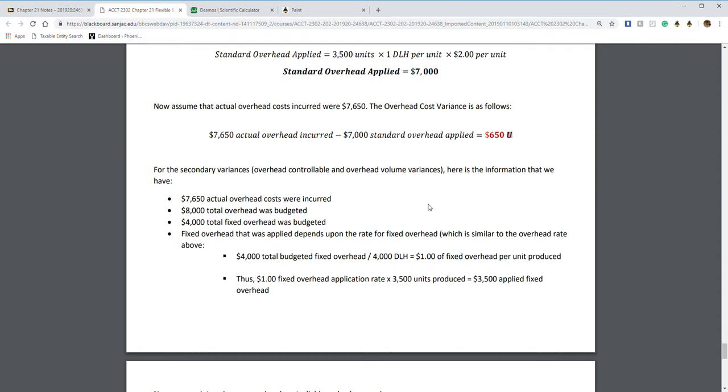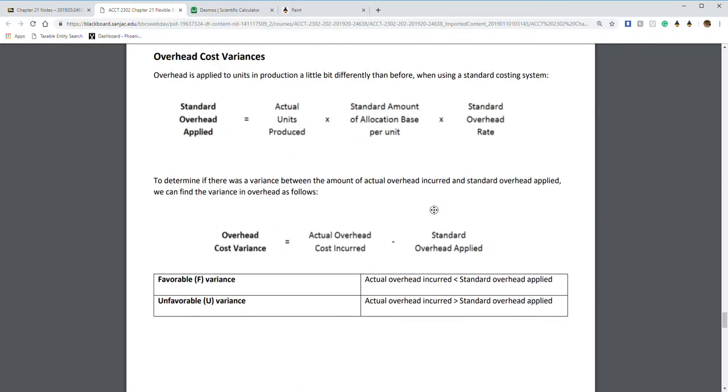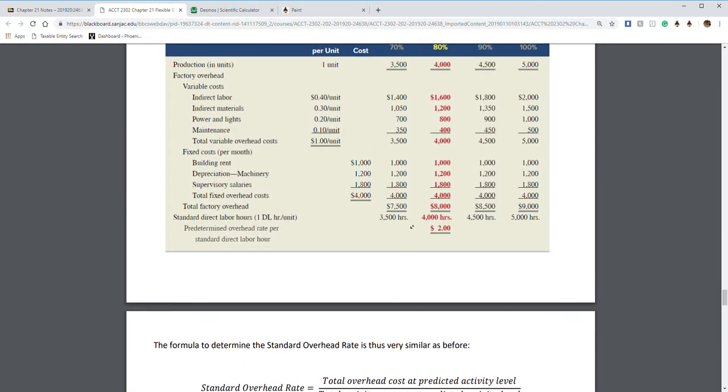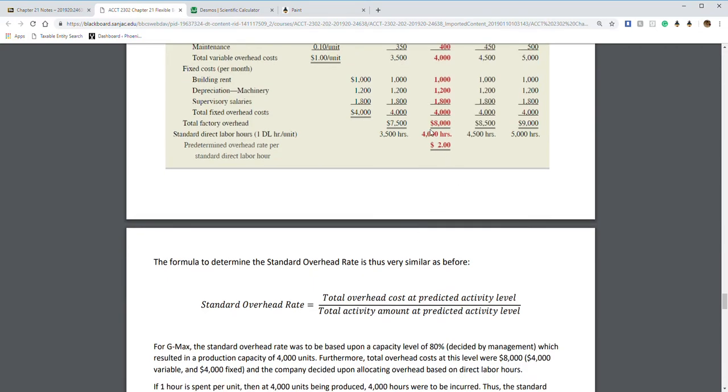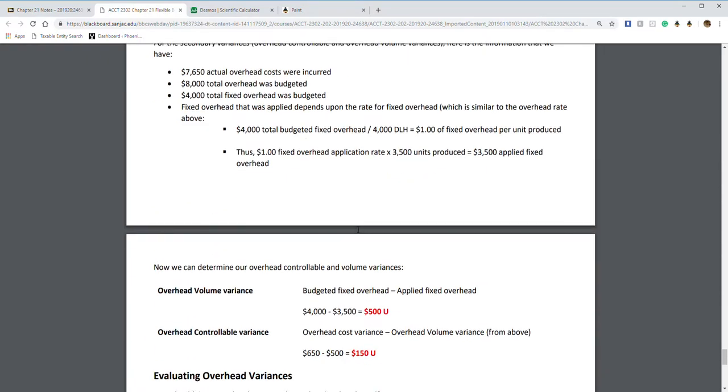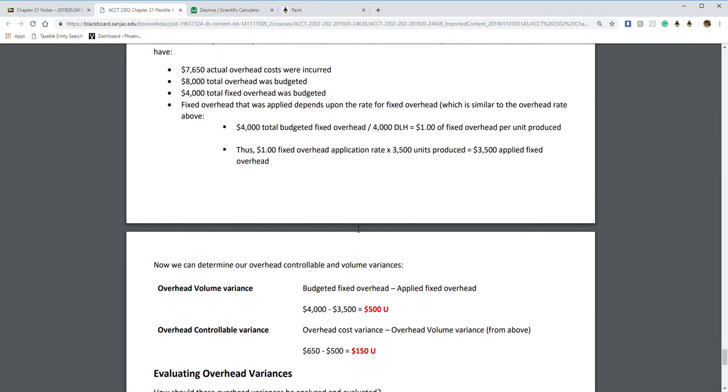Fixed overhead that was applied depends upon the rate for fixed overhead, similar to up above. We had 4,000 total budgeted fixed overhead divided by 4,000 direct labor hours. That basically means $1 of fixed overhead per unit produced.